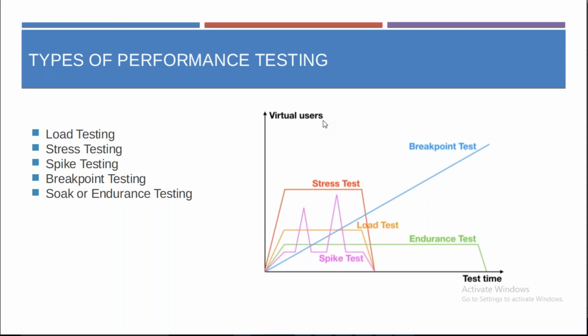We are simulating the real user actions, whatever a real user will do, we are mimicking that, but that puts the exact load on the servers which would have come from the real users. So here we have virtual users, and we do the performance testing with the help of virtual users.